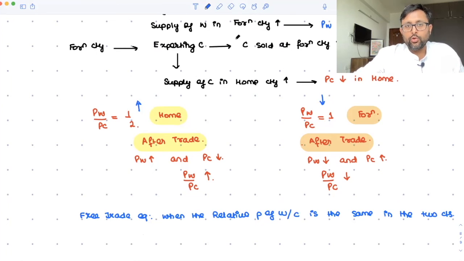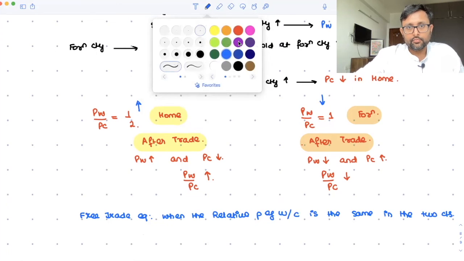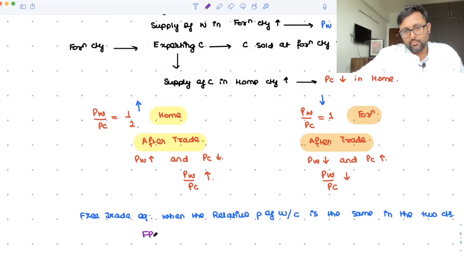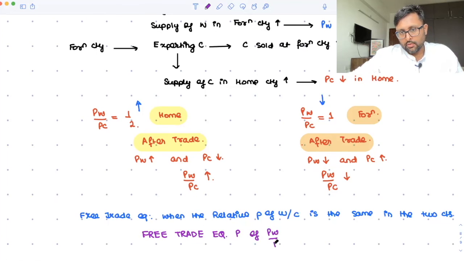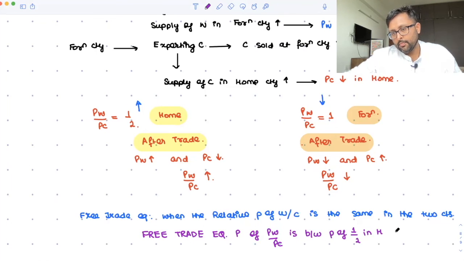So the free trade equilibrium price of PW by PC is between the price of half in home and price of one in foreign country, right?